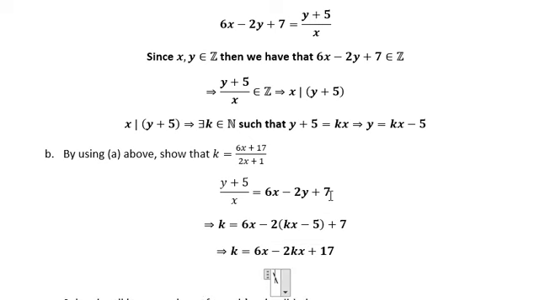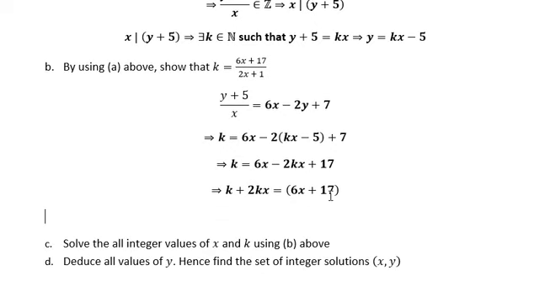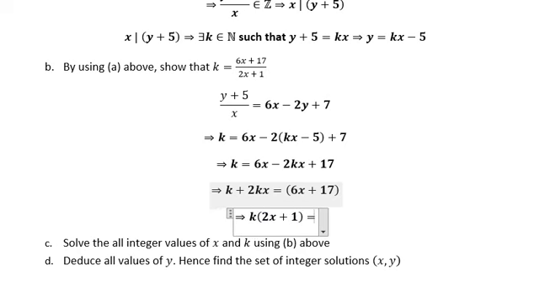So I'm going to add 2kx on both sides. I'm going to have k plus 2kx equal to 6x plus 17. In a nutshell, I'll factorize k on the left hand side, and we have k into (1 plus 2x), or (2x plus 1), equal to 6x plus 17.